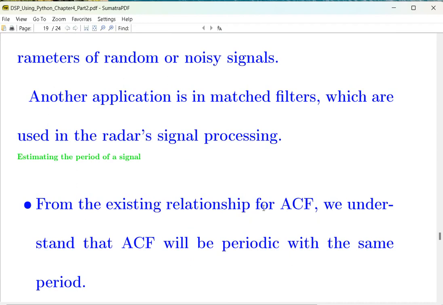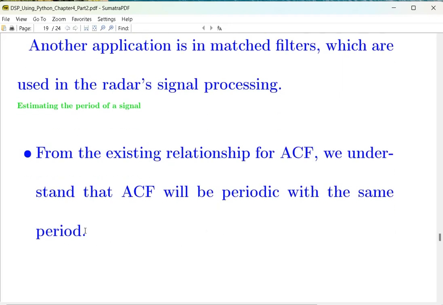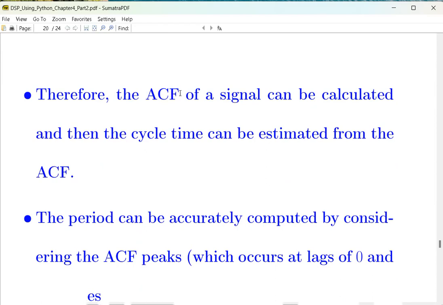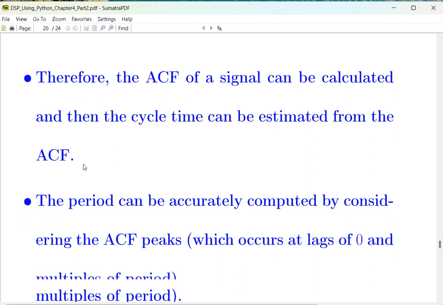From the existing relationship for ACF, we understand that the ACF will be periodic with the same period. Therefore, the ACF of a signal can be calculated and then the cycle time can be estimated from the ACF. You can find the period very easily.